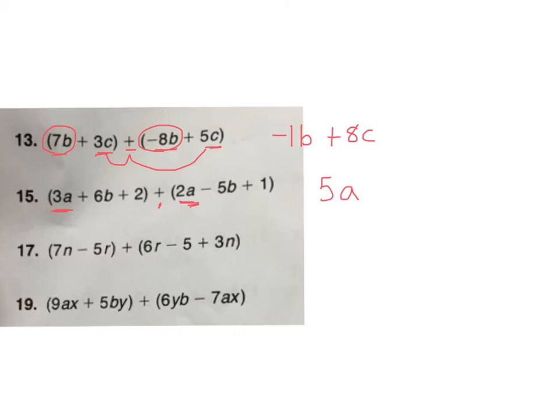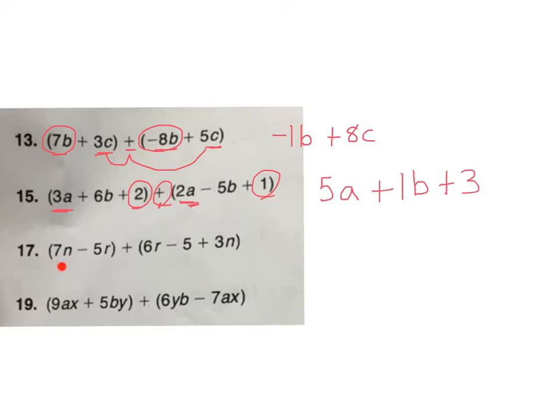So since it's positive 1b, I'll put a plus 1b. If it had been a negative 1b, I'd have put a what? Minus 1b. And then I've got 2 plus 1, which is 3. If it had been negative 3, I'd have put what? Minus 3, but it was positive 3. Okay, let's look at the next one.